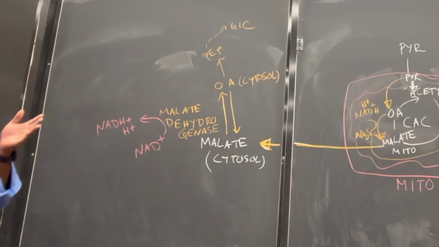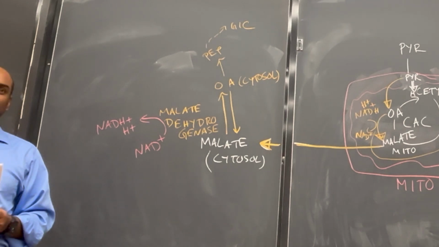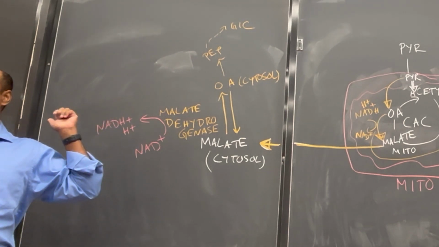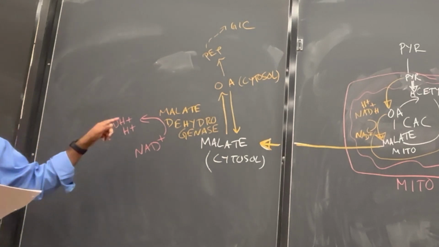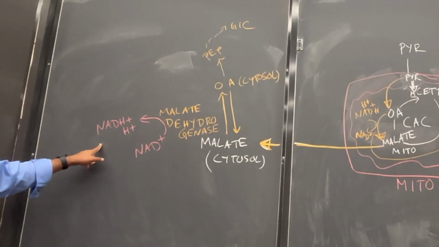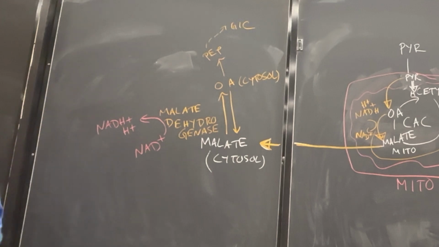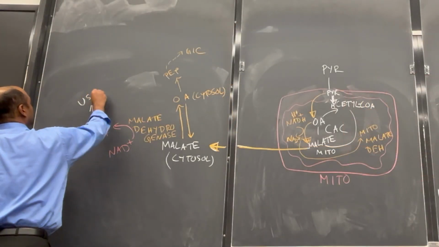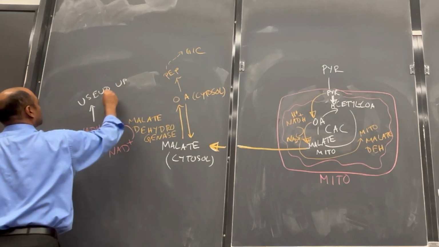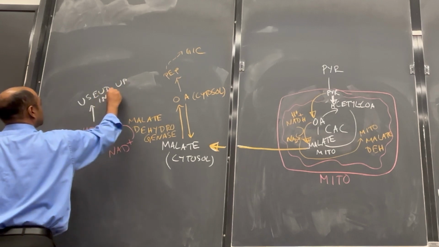So in one of the steps, we did use NAD plus to make NADH. That was a reversible step. If you want to go back, what do you need? NADH. So this NADH is used up to make that step happen. So this NADH is used up in gluconeogenesis.